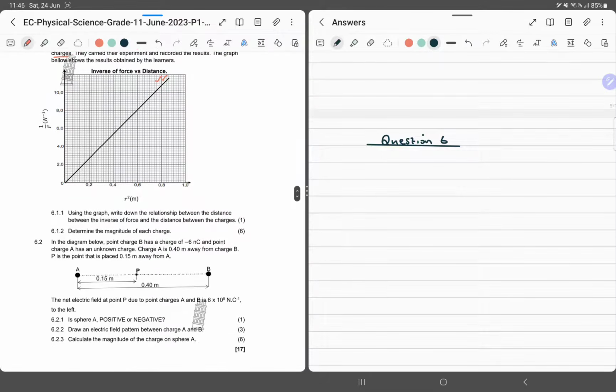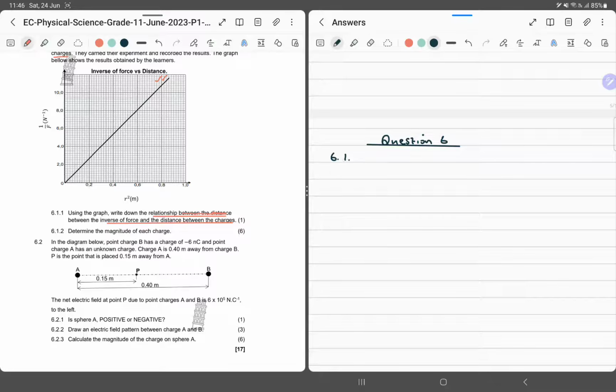Okay, great. So it says now use the graph to write down the relationship between the distance and the inverse of the force. So write the relationship between the inverse of the force and the distance between the charges. So that's easy.